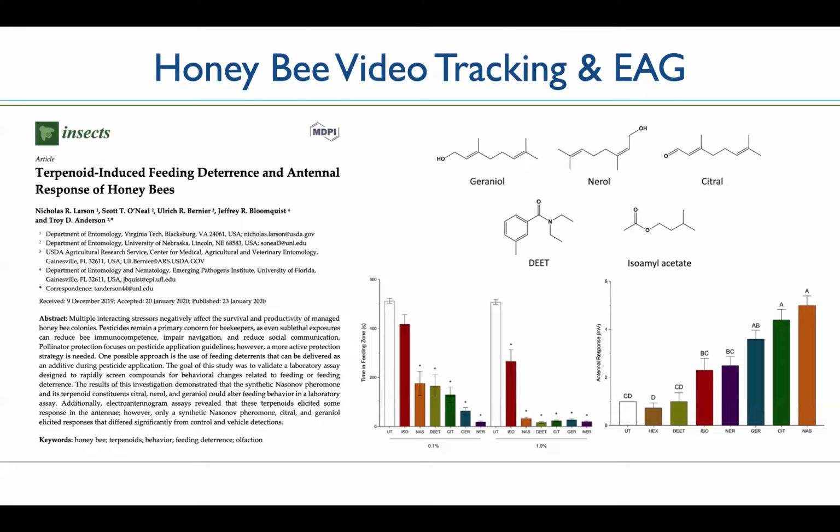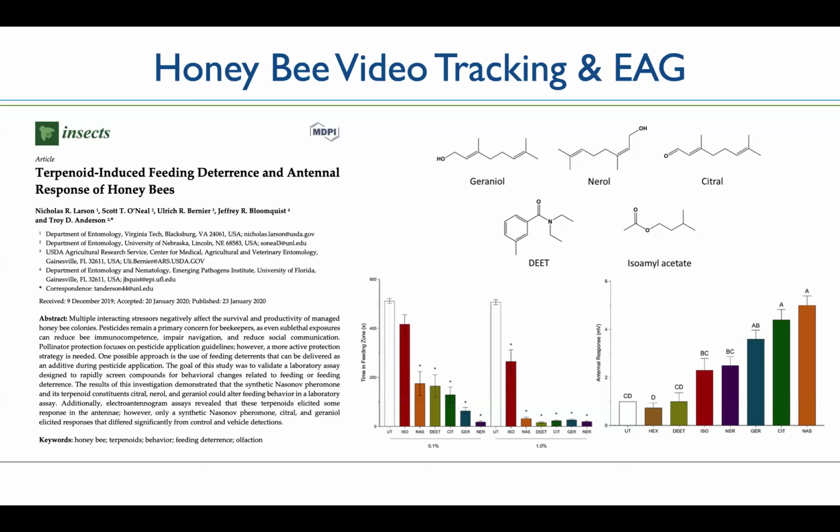Okay. So what we did here, again, a lot of these natural product compounds that I talk about are going to be terpenoids, but they can induce feeding deterrence and also antennal responses.